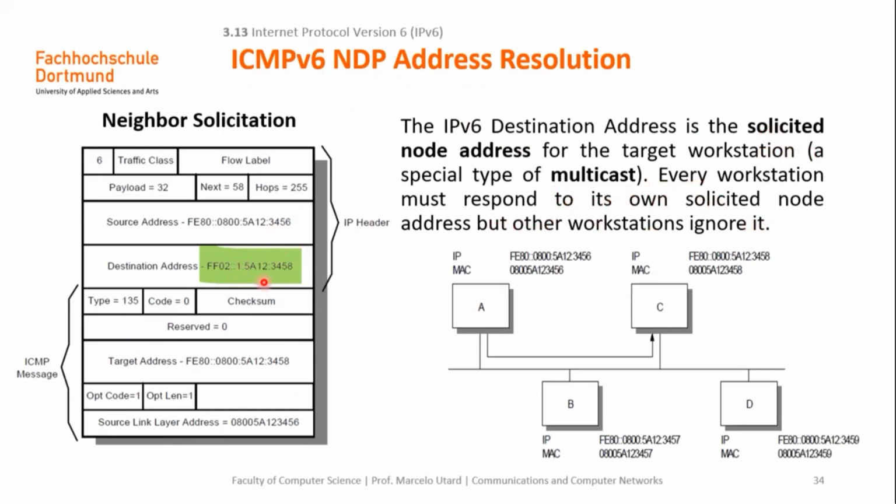Remember, this address is formed using this particular prefix that is a multicast one, and the least significant bits are, in fact, part of the MAC address of the destination host to which the neighbor solicitation is sent.